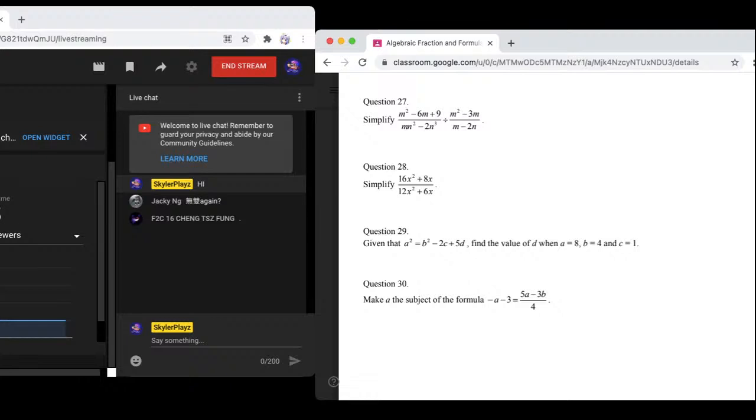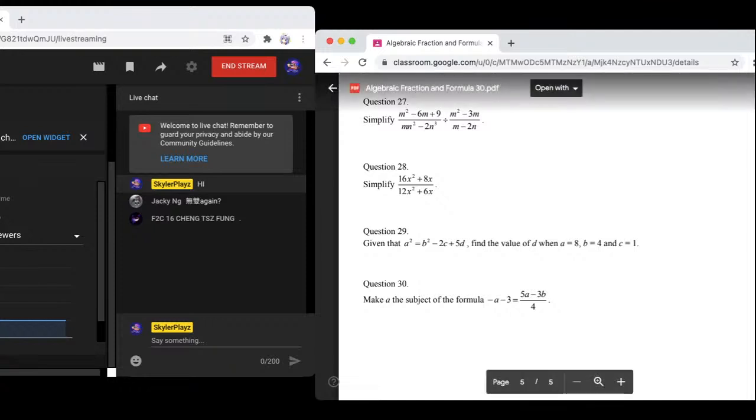And then finally, a is equals to negative 1/4 b minus 4 over 3, and that's my final answer.